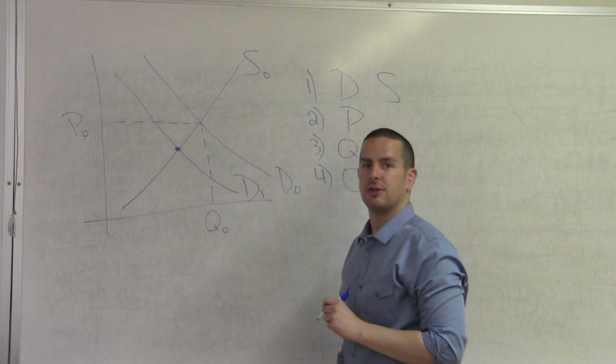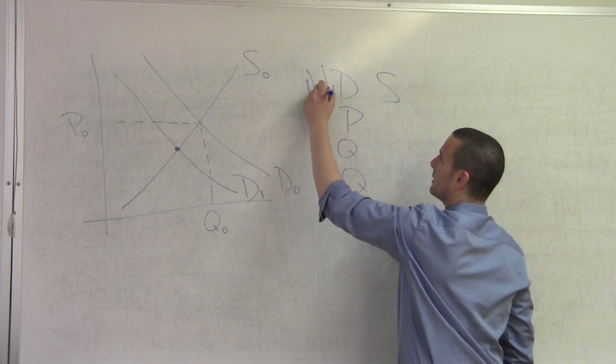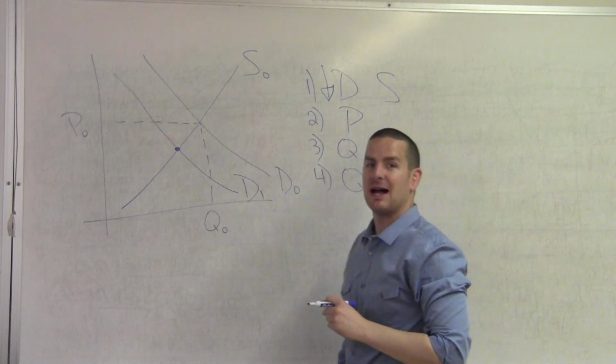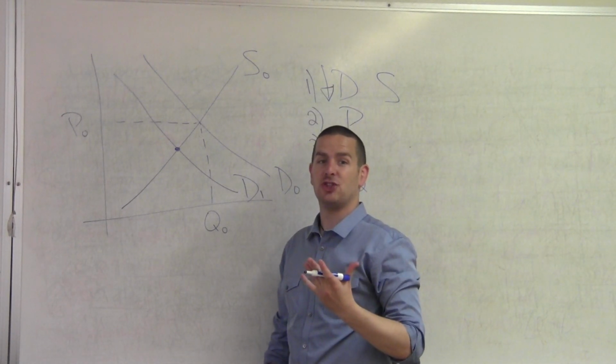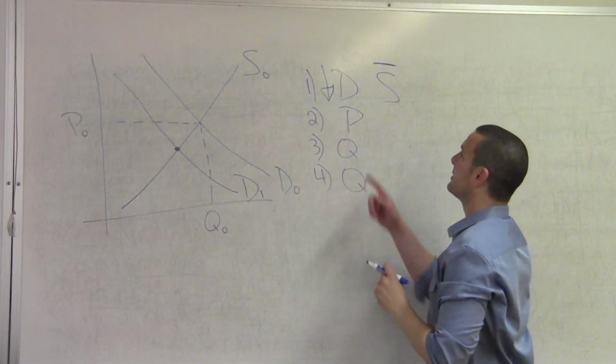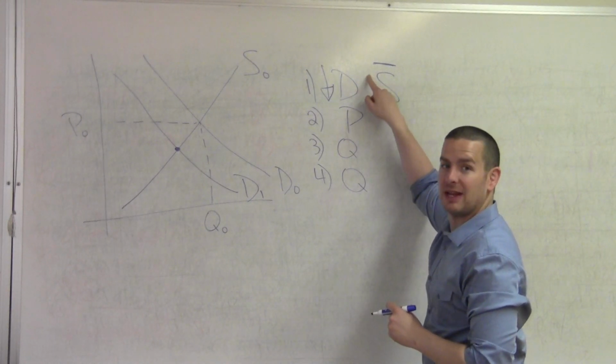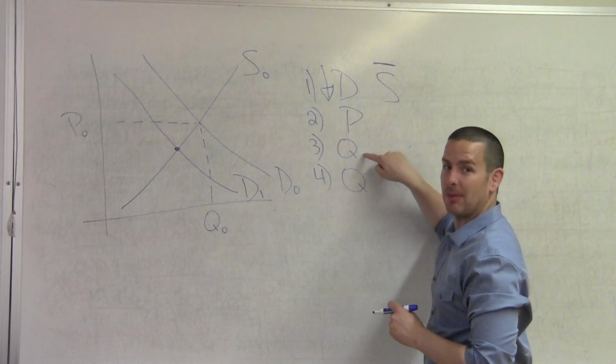Okay? So demand has gone down, so we can draw that in here. And supply has stayed constant. It hasn't changed yet. Since supply has stayed constant in the first step, we can put an S down in the third step once again.